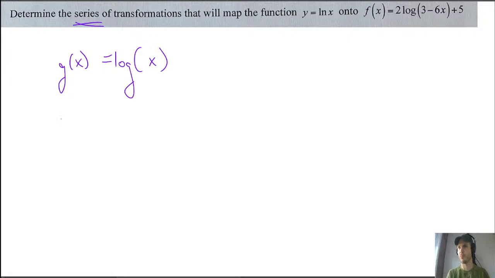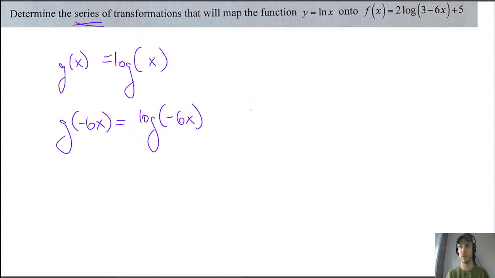So we would do g of negative 6x. When we do that, this shrinks horizontally by a factor of 1/6, and it reflects across the y-axis.